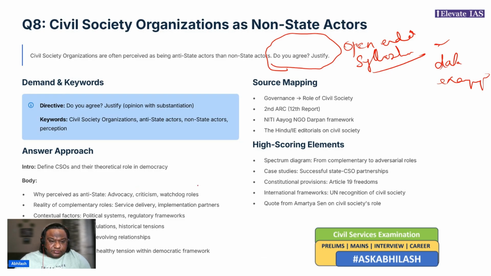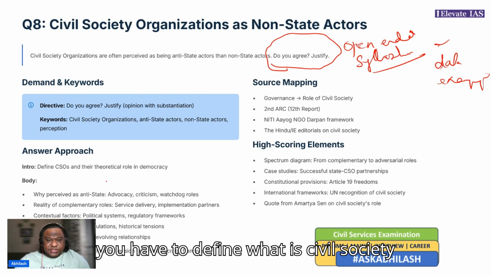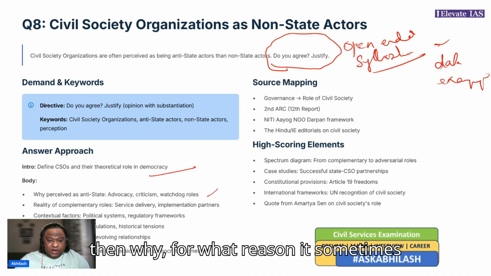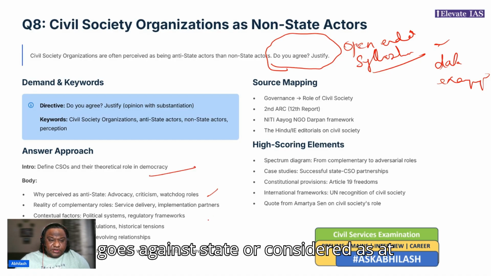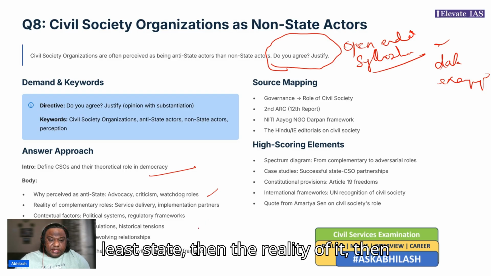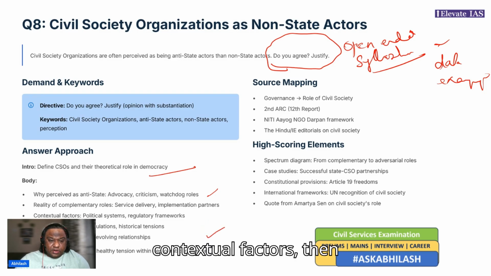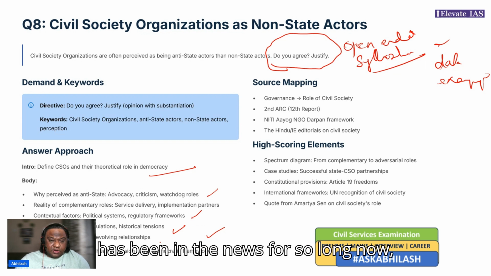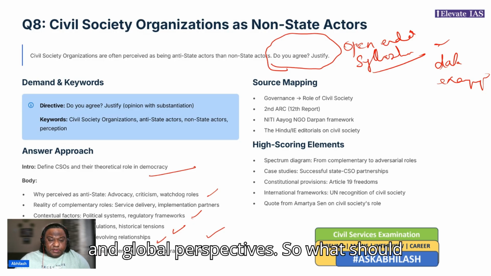So you have to define what civil society organization is and their role in democracy, then why, for what reason it sometimes goes against the state or is considered anti-state, then the reality of it, then contextual factors, then FCRA and the donation part, which has been in the news for so long now, and global perspectives.